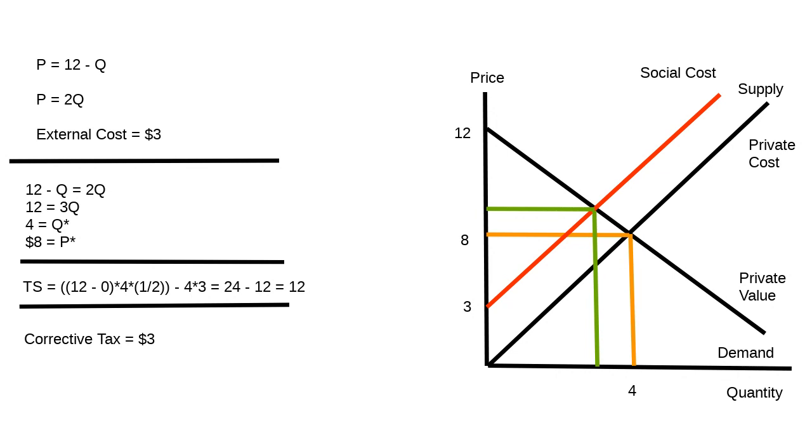So we can do this calculation. To find this new equilibrium, we're finding the intersection of the demand curve and the social cost curve, or the red curve. So 12 minus Q, that's the demand curve. And then the supply curve is now 2Q plus 3. And then we just do algebra.